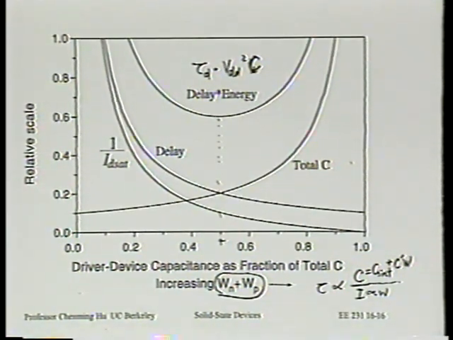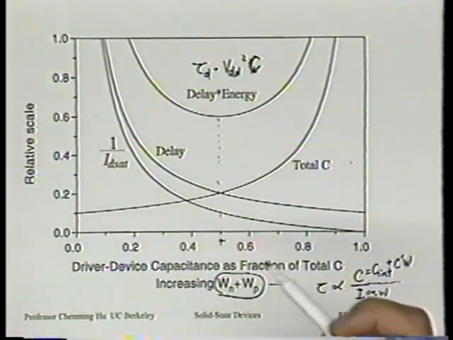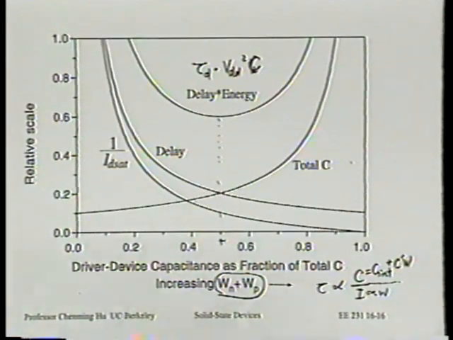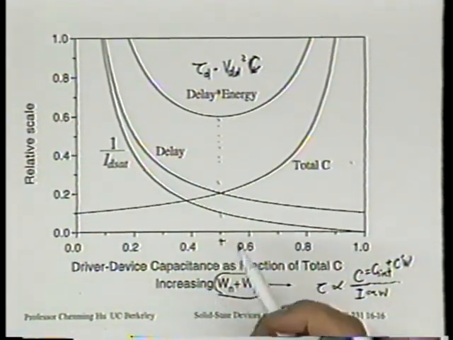What's the scale? The scale is the driver device capacitance as a function of total C. Maybe I shouldn't say that. Let me just say the capacitance which is proportional to W, shall we say? All right. The capacitance that is proportional to W.